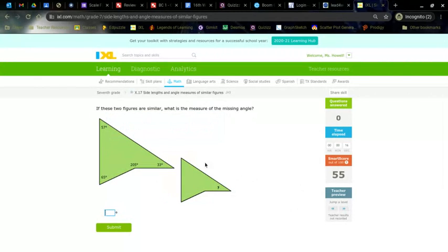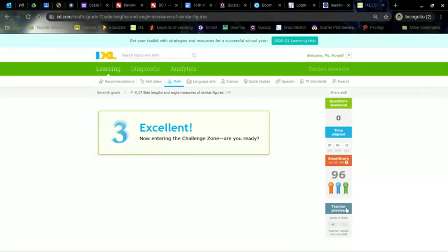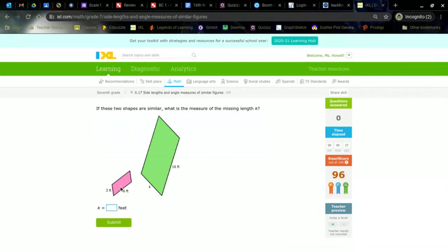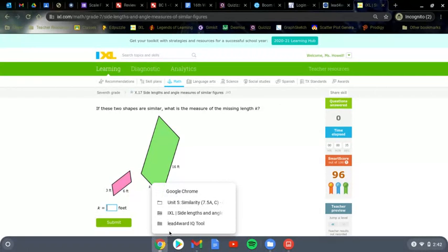And then the same here. If it's the same, the missing angles are the same. So you match up the angles and put the right angle. And then here, you're going to set up the proportion just like we did before, to set up the proportions for those. Okay, so that is all we are doing, guys.